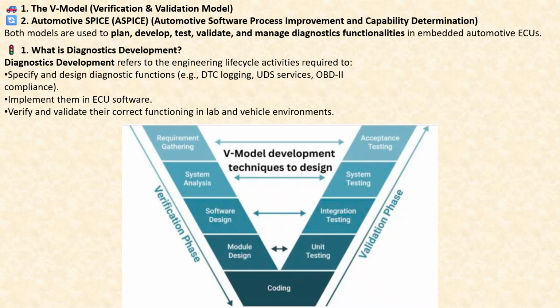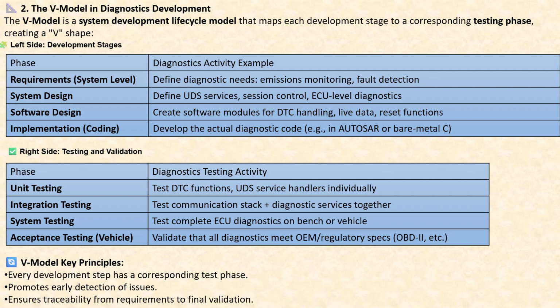All right, so the V model is nothing but a methodical, structured approach to verifying and validating. It is majorly used in many things, whether in ADAS development, powertrain development, or cyber security development. In every vertical, including diagnostics, this V model is extensively used.